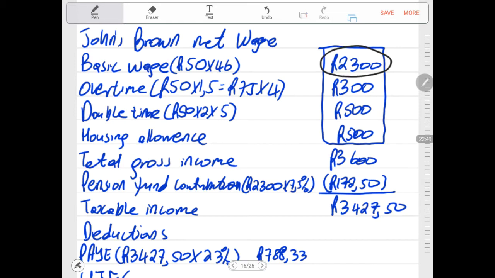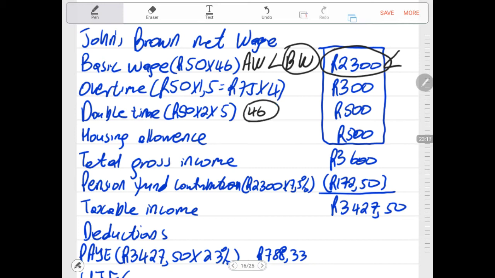If our actual wage is less than the basic wage, we still calculate the UIF based on the basic wage. Basic wage is the salary the employee was supposed to have earned before other deductions were taken into account. In other words, assuming that this employee has worked all the 46 hours.